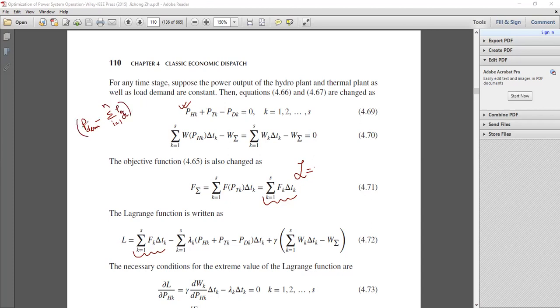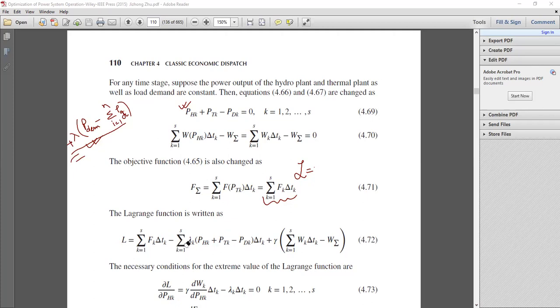Then we multiplied it with lambda with a plus sign while we formulated the Lagrangian. In this case, they are doing the opposite, but you can also go in this direction, no problem. So they are keeping the generation term first, and then they are subtracting the demand, and they are putting a minus sign there. You can reverse these two, and you can put a plus sign there. Okay, so no problem. The result will be the same.